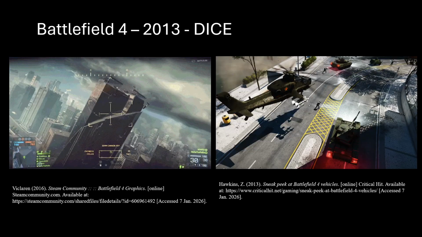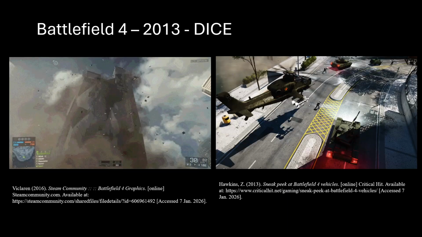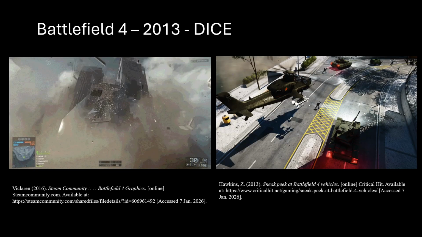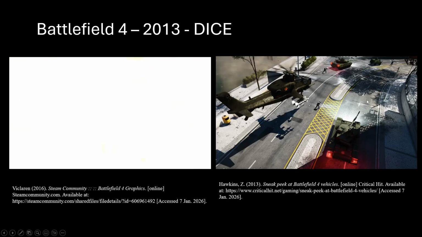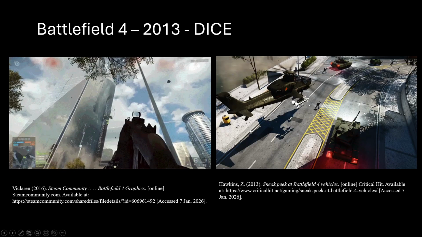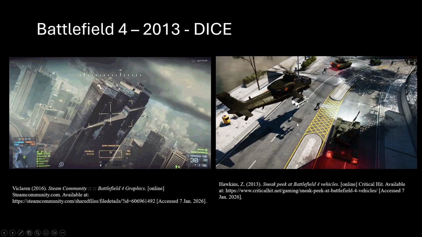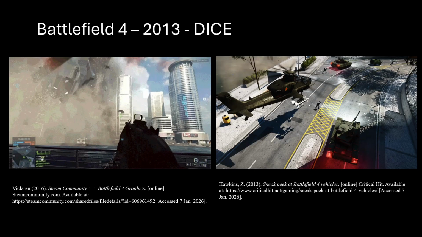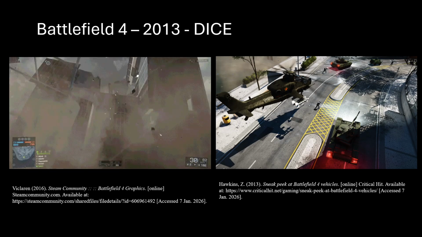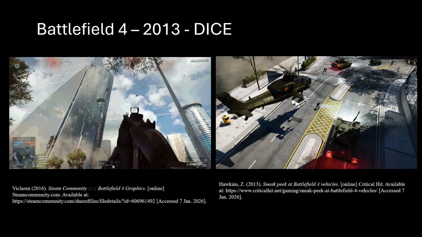And moving on to the last example, we have Battlefield 4. Now this franchise in particular is probably most well known for its vehicle combat mixed with its infantry. So instead of just being an enemy soldier, you could get into a tank, a helicopter, a jet, or a boat.